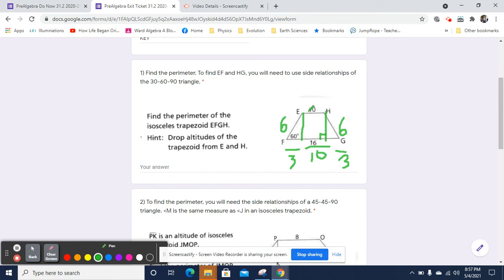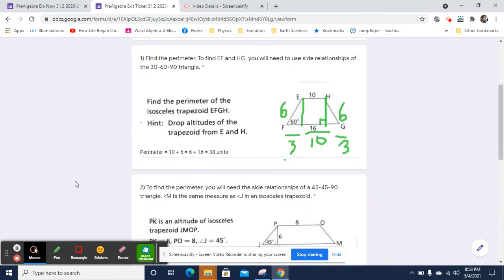So we got 6, 10, 6, and then the bottom overall is 16. So let's add that together. So the perimeter will equal 10 plus 6 plus 6 plus 16, which will equal 38 units.